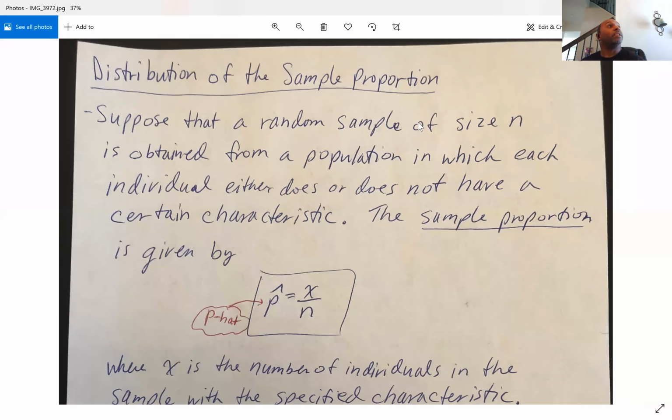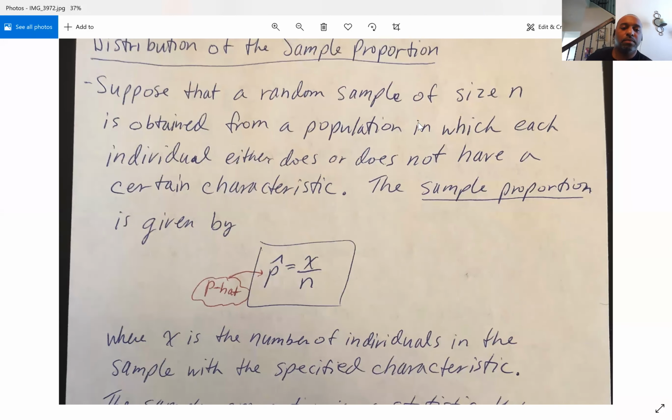And we talked about that. No, you know what? That was my other class. No, we haven't done that in this class yet, I don't believe. So p hat, the sample proportion, is going to be that characteristic over our sample size, where x is the number of individuals in the sample with the specified characteristic.